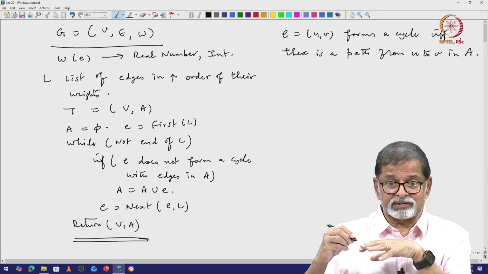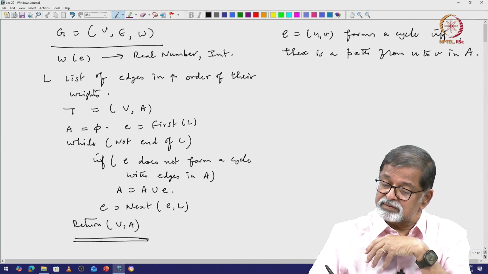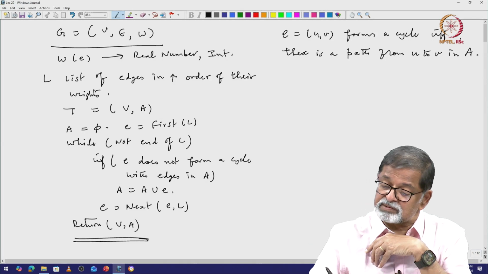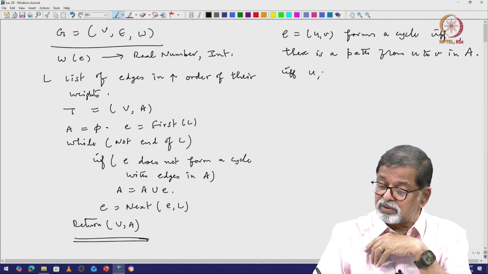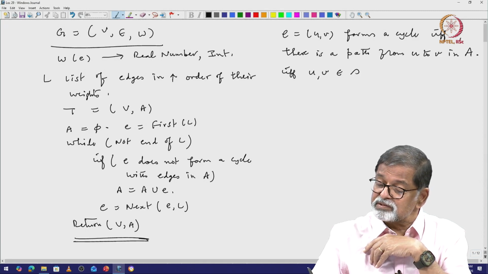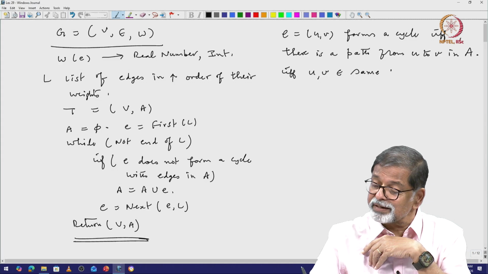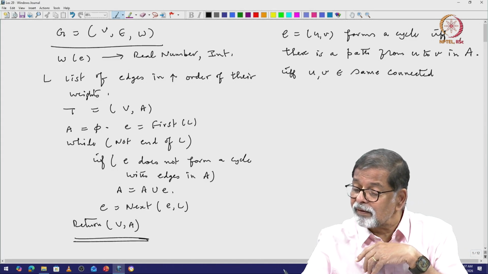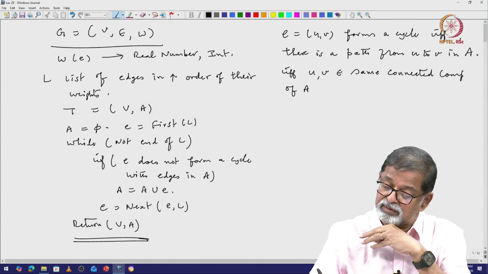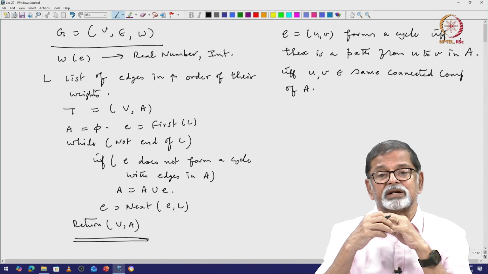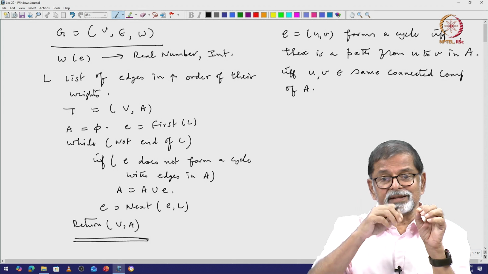which is the same as, if and only if the vertices U and V belong to the same connected component of A. If U and V are in the same connected component of A, then there is a path.